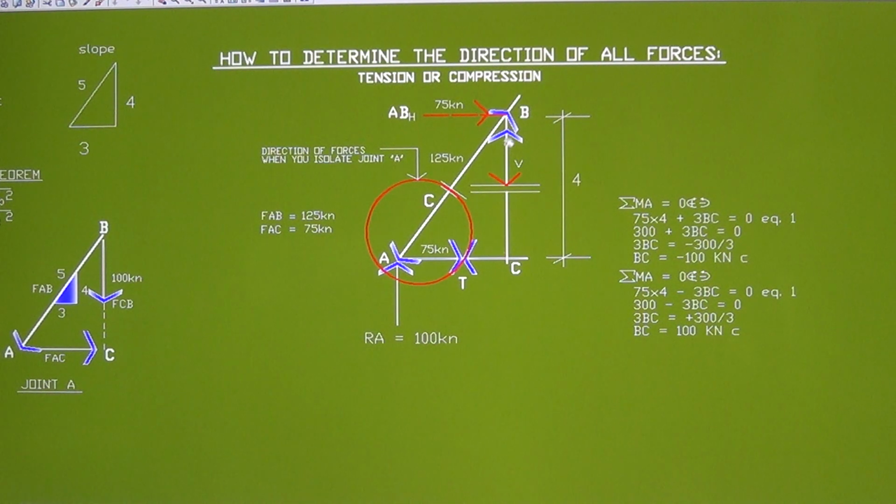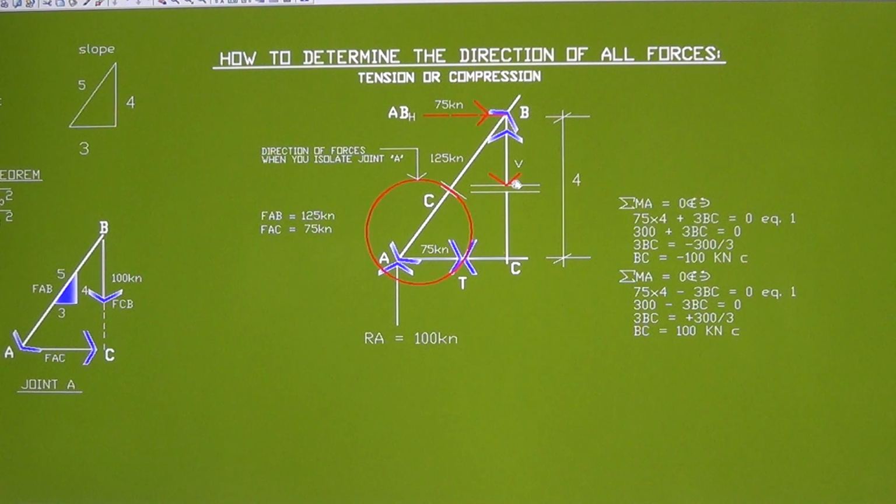When this is going downward, according to our first assumption, we can find out by taking moment at A. We can easily find out the direction of the force BC, whether compression or tension. For now, let's assume it's tension, away from the joint. That's why there's a red arrow here.